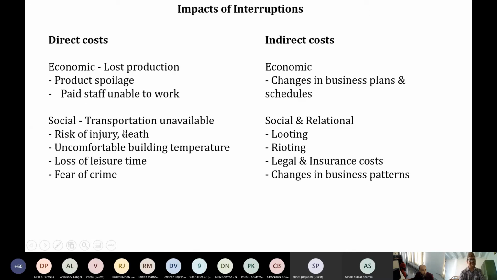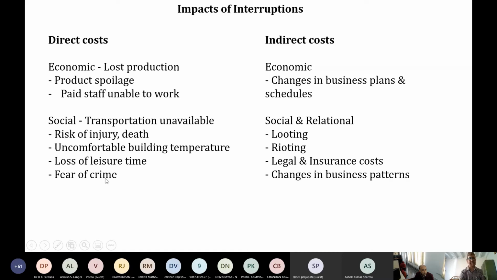In social, we have transportation unavailable: if we are using the metro and electricity supply is not available, then the metro may not be available. Other types of electric transport may also not be available. Then risk of injury or death, uncomfortable building temperature because of unavailability of electricity, loss of leisure time for residential customers, and again fear of crime.